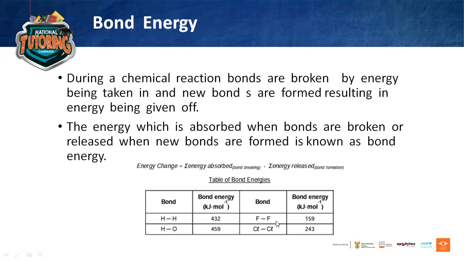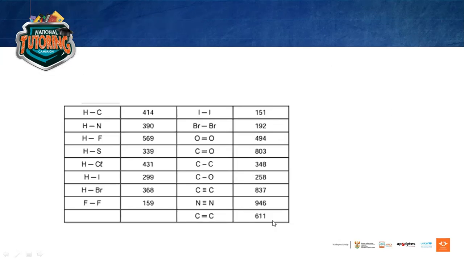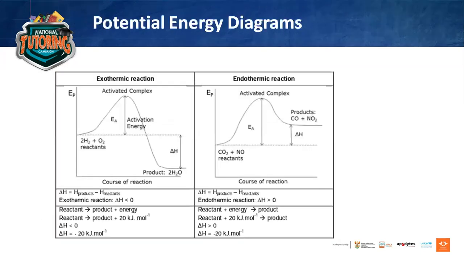We've got HO, we've got fluorine, we've got chlorine, and we've got a whole system of bonds that have different bond energy. You can see even others, they've got double bonds, others are single bonds, others are triple bonds. So that is all bond energies that hold the chemicals together.